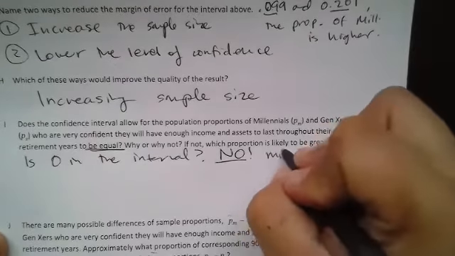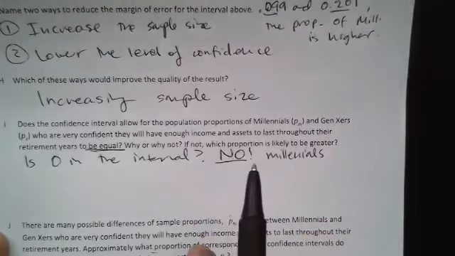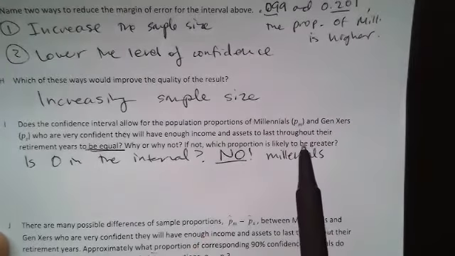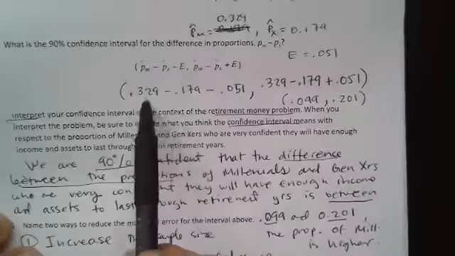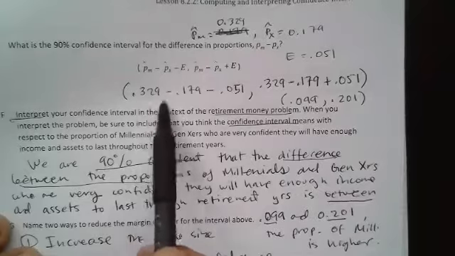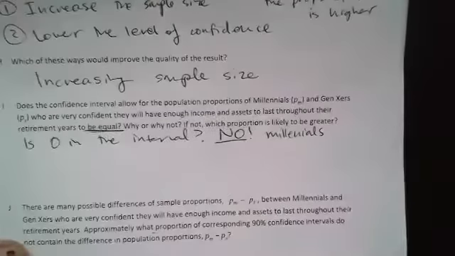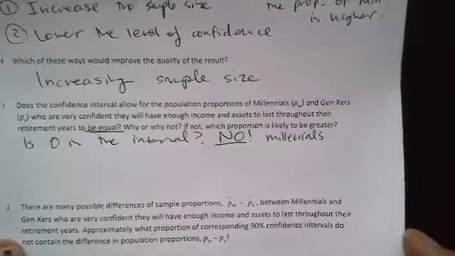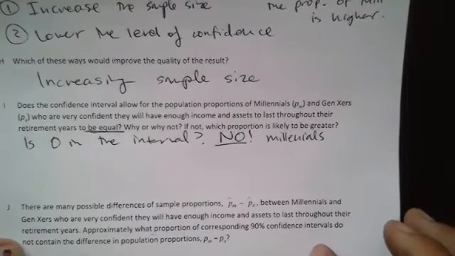For F, isn't the population of Gen Xers larger than the millennials? P hat M minus P hat X is positive. So that means that, isn't that 0.15? Which one? What are we talking about? The difference.